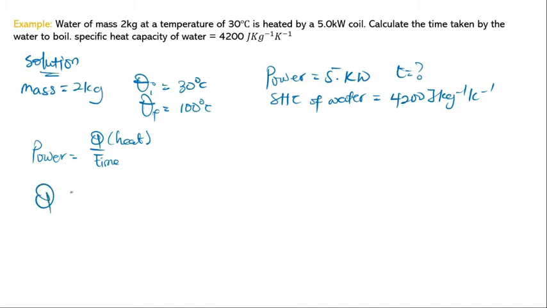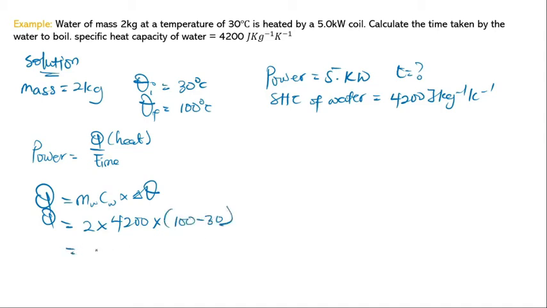So let's look at the heat energy. Our heat energy is equal to what? The mass of water, specific heat capacity of water, multiplied by the change in temperature. So the mass of the water is 2, multiplied by the specific heat capacity of water, which is 4,200, multiplied by the change in temperature, which is 100 minus 30, and that will give me 2 multiplied by 4,200 multiplied by 70.